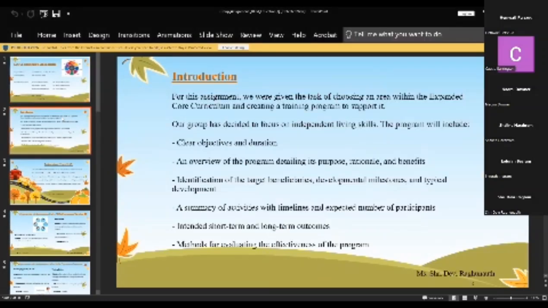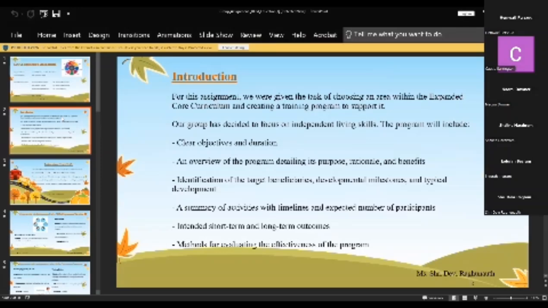Introduction. For this assignment, we were given the task of choosing an area within the expanded core curriculum and creating a training program to support it. Our group has decided to focus on independent living skills.